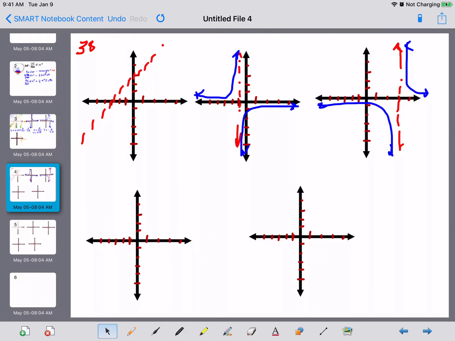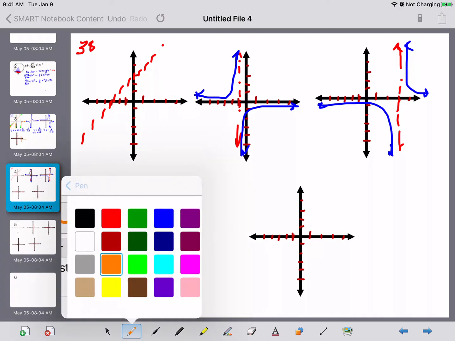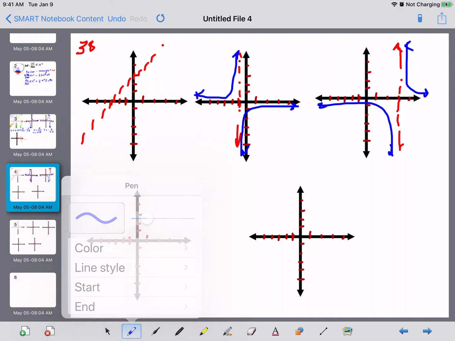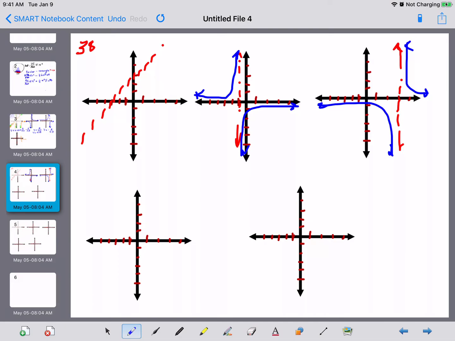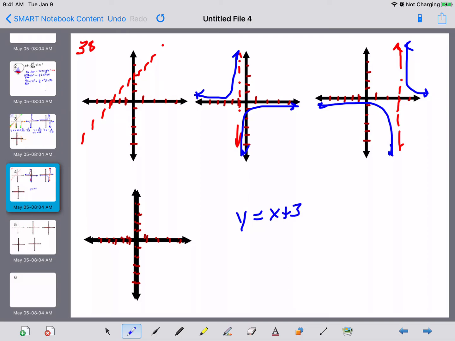Now, keeping in mind, we're looking at 38, and in problem 38, I'm looking at the function y equals x plus 3 minus 1 over x plus 1 plus 1 over x minus 3.